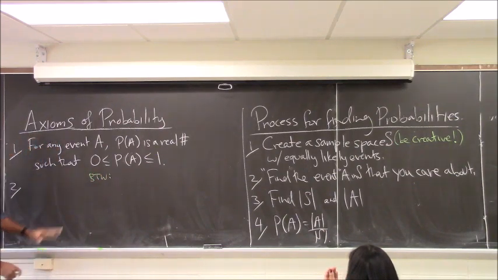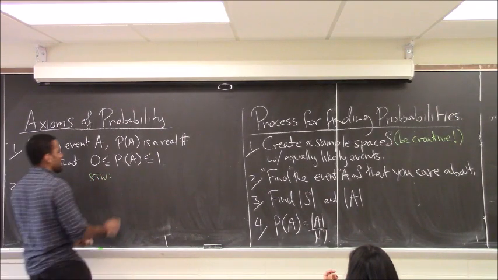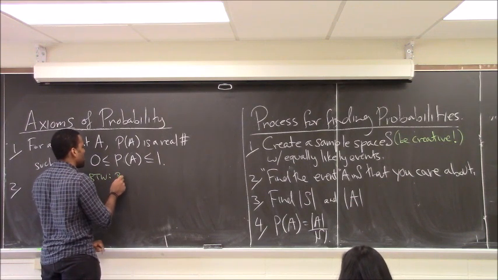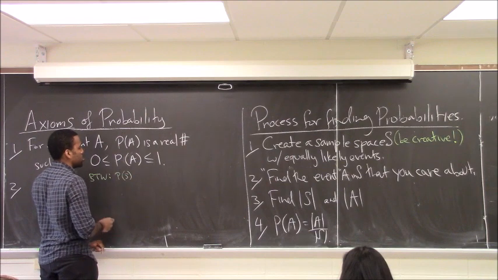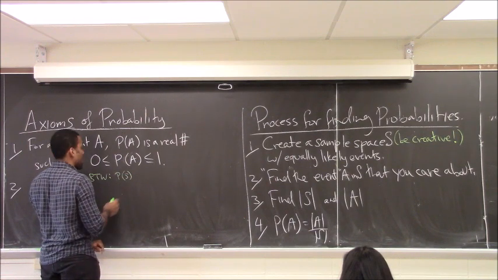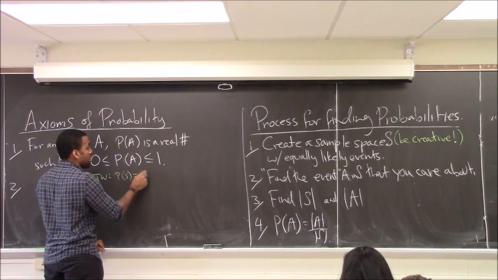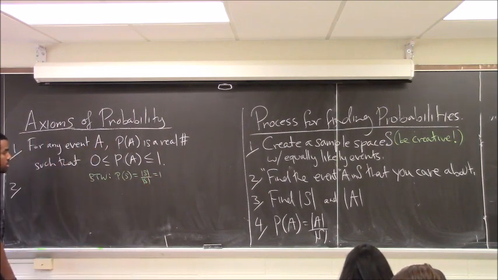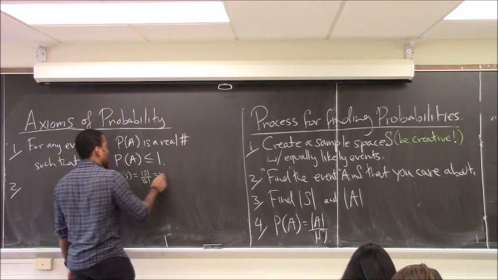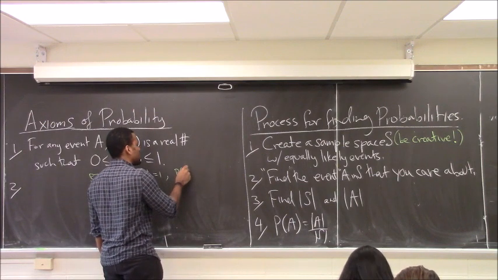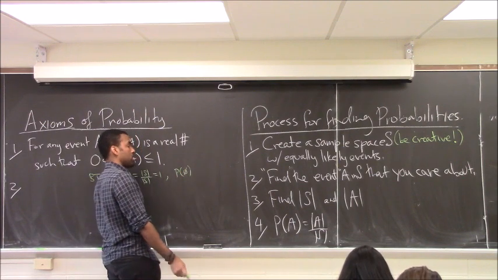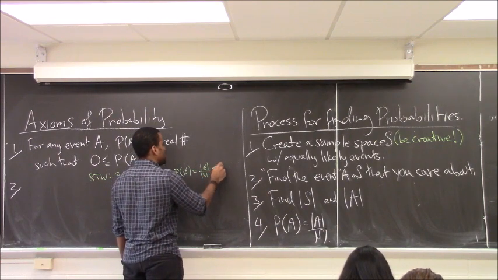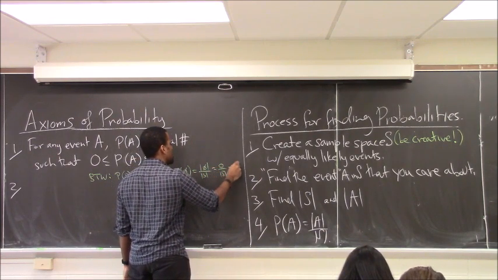One way we can see this, by the way, as we're setting up probability, is if you look at the probability of the entire sample space. In fact, that's going to be one of our axioms. It'll be, by definition, the size of S over the size of S, which gives you 1. Also, look at the probability of the smallest subset you can create, which is the empty set. That's going to be the size of the empty set over the size of S, which is 0 over the size of S, which is going to be 0.